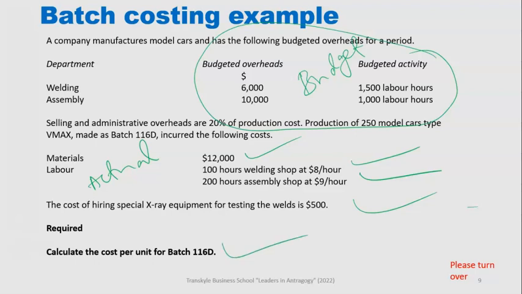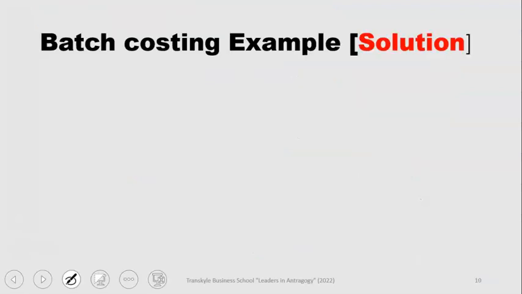My students should by now know that the cost per unit is determined by the total cost of the batch divided by the total units in the batch, so that we get what is called cost per unit. So let's do our workings.